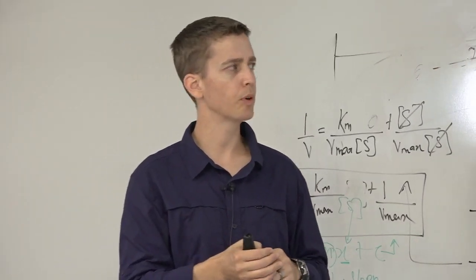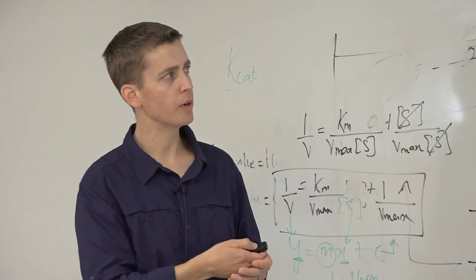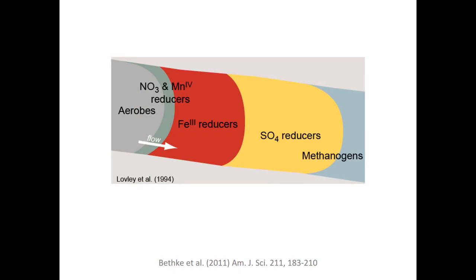People figured that out pretty quickly. And one of the reasons, there's a lot of reasons, but one of the reasons is because iron reduction and sulfate reduction often occur simultaneously. And we also see that iron reduction and methanogenesis can occur simultaneously in places where sulfate isn't available.